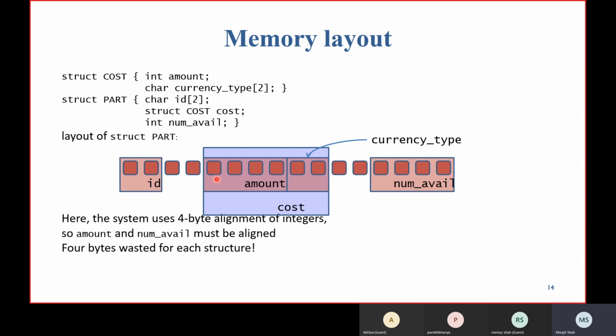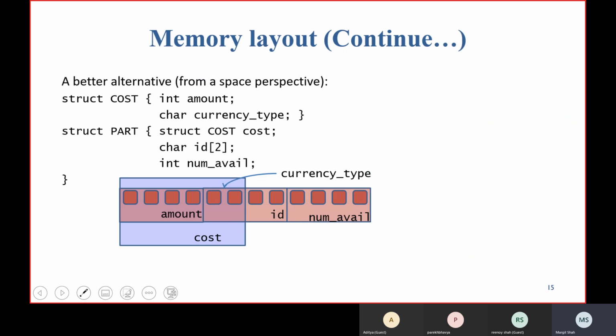We need to occupy the full byte, and then after we can use the memory location for storing another variable. So that is the reason behind that. Suppose we declare the structure like that, it will not waste the memory. So it holds the same data with a similar memory structure.